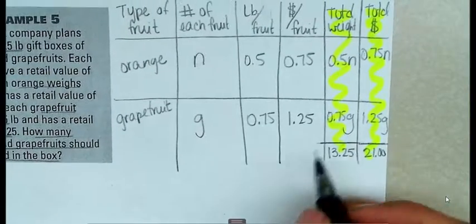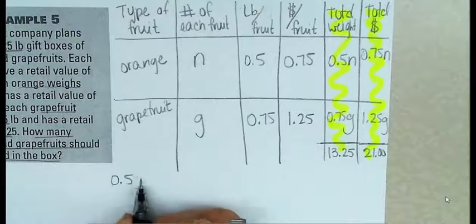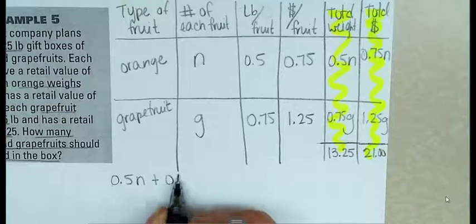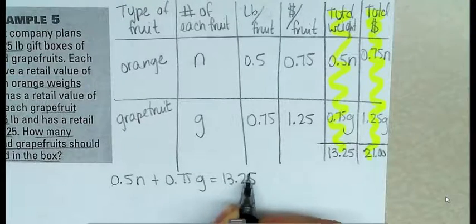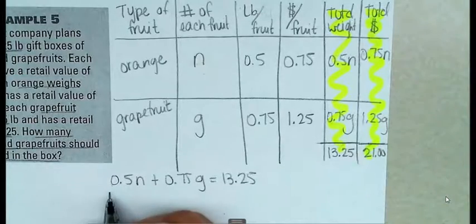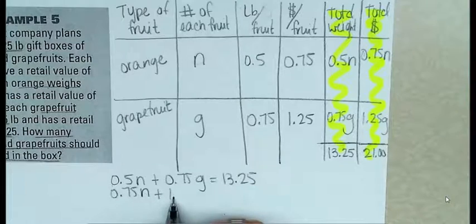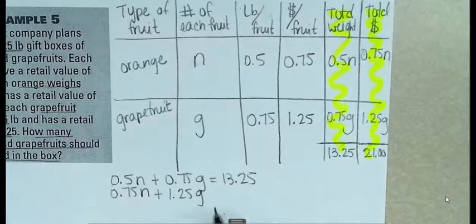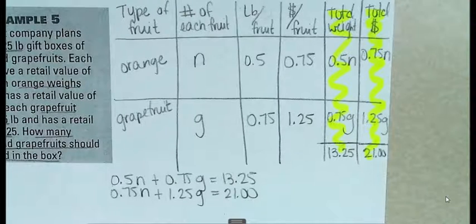All right, my first equation is 0.5n plus 0.75g equals 13.25. My second equation is going to be 0.75n plus 1.25g equals $21.